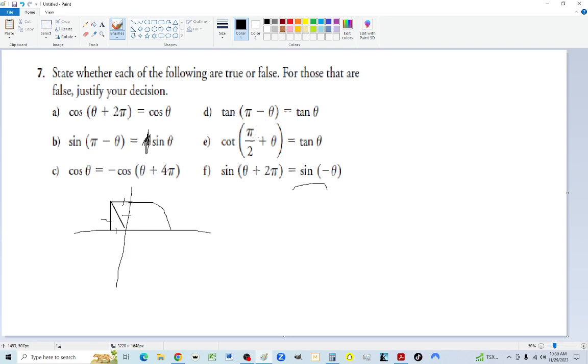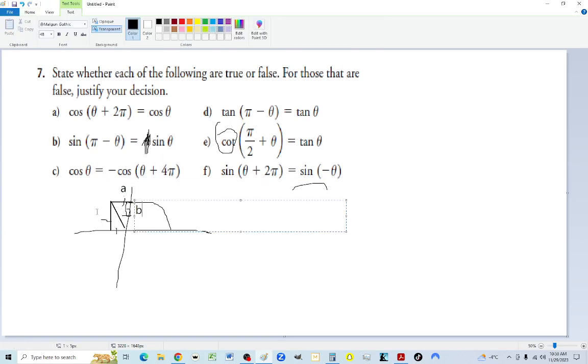Since we're talking about the cotangent, up here it is the flip of the tangent. Normally, for this angle, the opposite over the adjacent would be the tangent. So let's call this A up here.